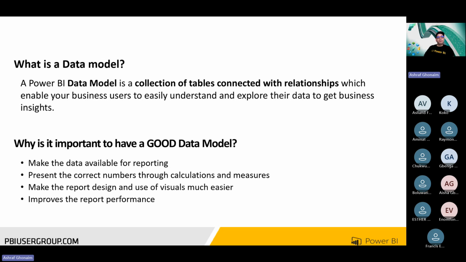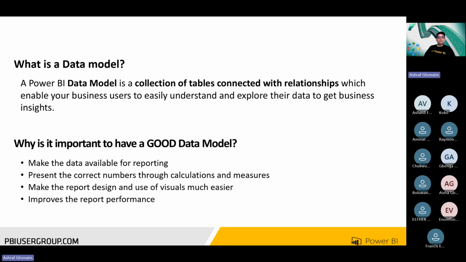Also, a poor data model can have an impact on the performance of your report. Because if you end up with a very cumbersome, complex data model behind the scenes, you may need to do so many joins to allow the data to interact with each other, which can severely impact the performance of the report and slow it down.